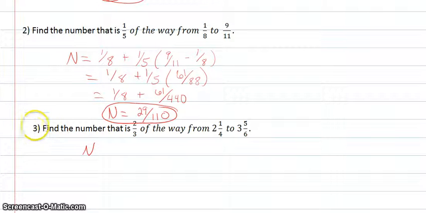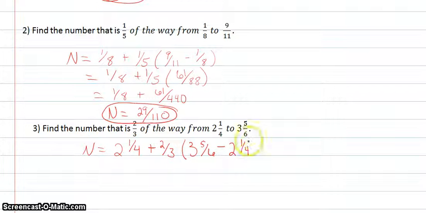Alright, so on number 3 it says find the number that is 2/3 of the way from 2 1/4 to 3 5/6. So I'm starting with 2 1/4, and then I'm going to be adding 2/3 times, I have 3 5 over 6 minus 2 1/4.